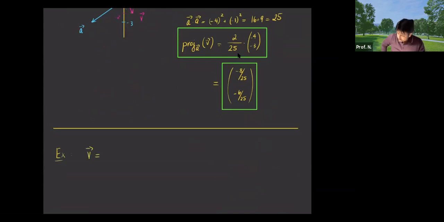So what if my vector V is 3, 1, -7, and A is 1, 0, 5.